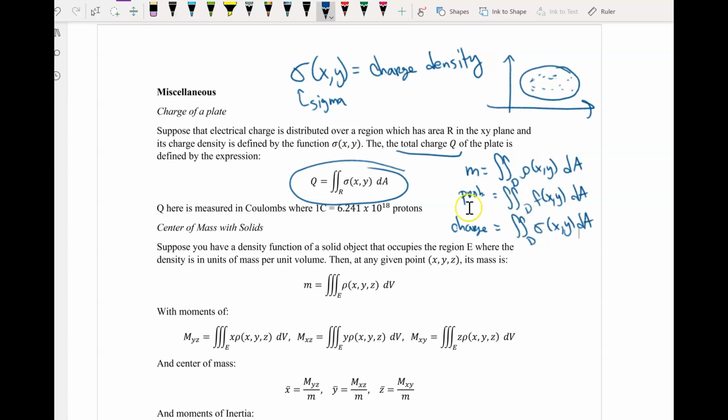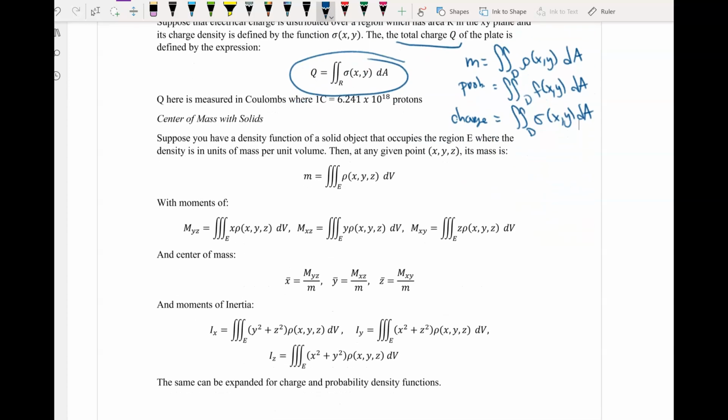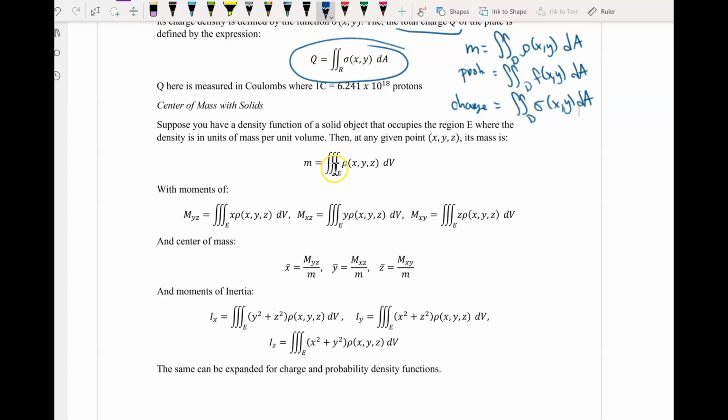So we got 3 different applications for 3 different things for double integrals. Okay, so here Q is going to measure it in coulombs, where 1 coulomb is about 6.241 times 10 to the 18 protons.